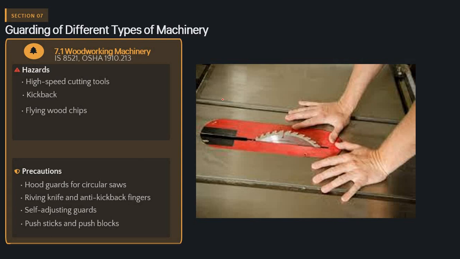So this is a woodworking machine. It is part of the syllabus. Now we need to make a risk assessment for this. Can someone identify the hazards in this machine? Identify the hazards.